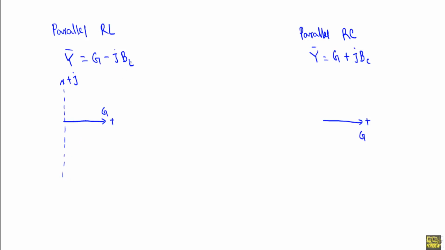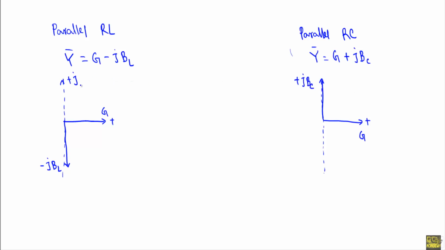As this is minus jBL, we will draw minus jBL in this direction. Similarly here, this will be our plus j axis and this will be our minus j axis. As this is plus jBC, let's say this is plus jBC.